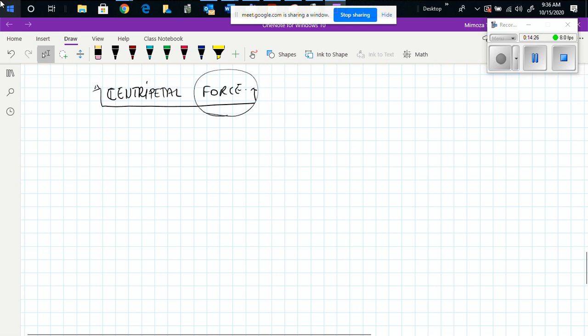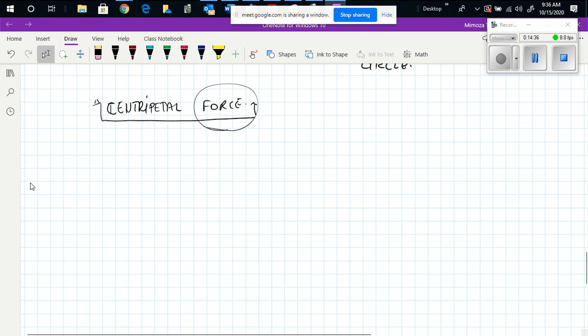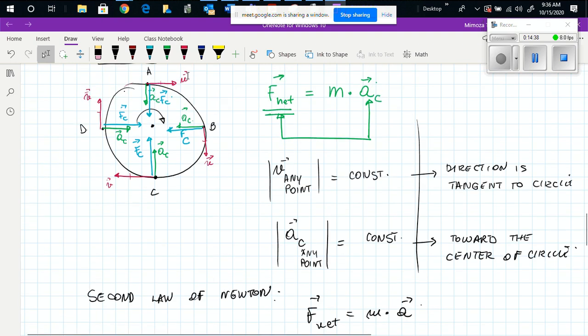So what is happening is something like this: as soon as the object is moving in a circle, it goes into this configuration where the magnitude of the velocity doesn't change, the magnitude of the acceleration doesn't change, but the direction changes continuously.